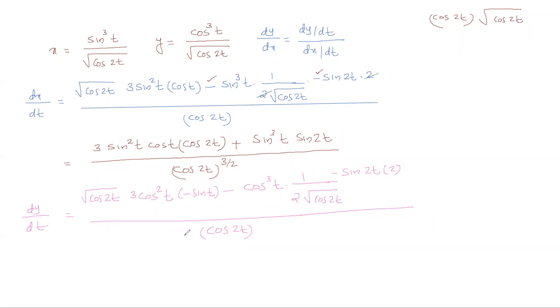So here also you can see that this 2 will be cancelled. You can multiply with under root cos 2t on both sides on the numerator.